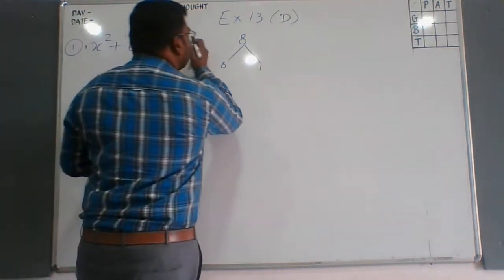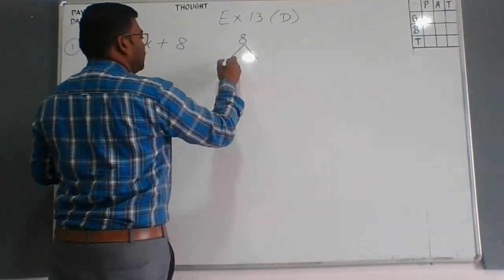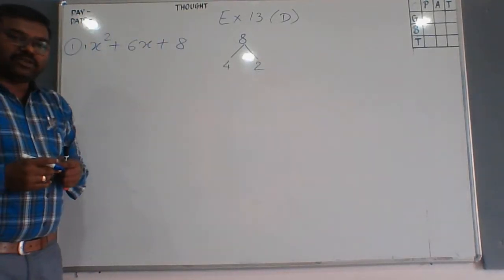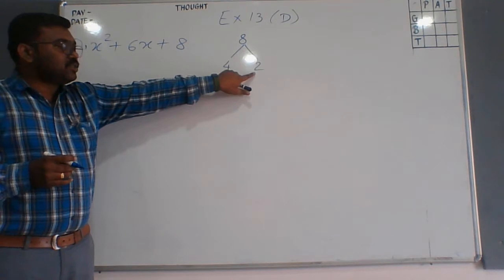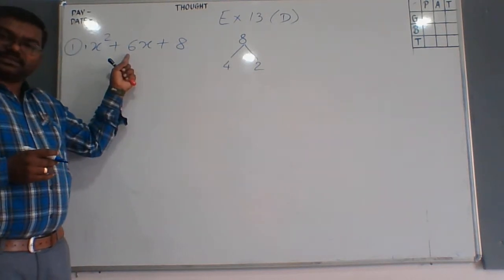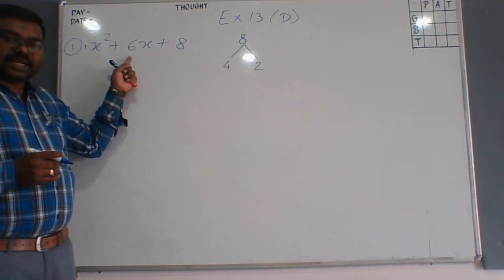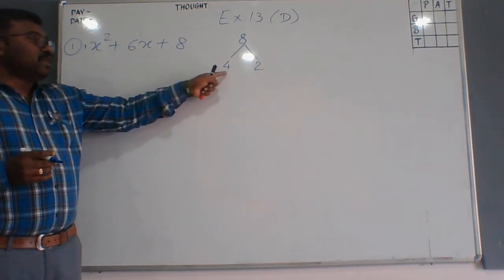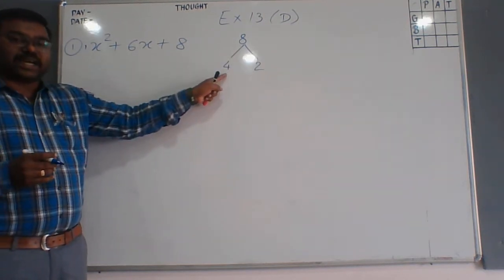Now let us see another pair of factors: 4 twos are 8. 4 and 2. 4 plus 2 is 6. Yes, we are getting 6. That means we are getting the middle term, so we can proceed further using these factors.